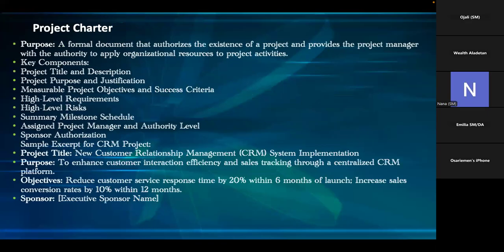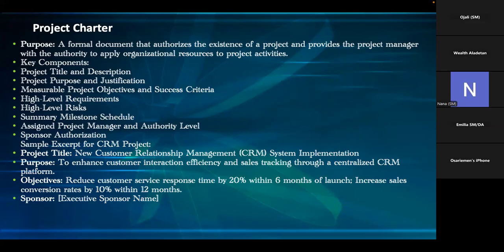Now, for the project charter, last week I did discuss what it contains and what its purpose is. We say it's a formal document that authorizes the existence of a project and provides the project manager with the authority to apply organizational resources to project activities. Once you have that authorization, the project manager can now use the organization's resources.